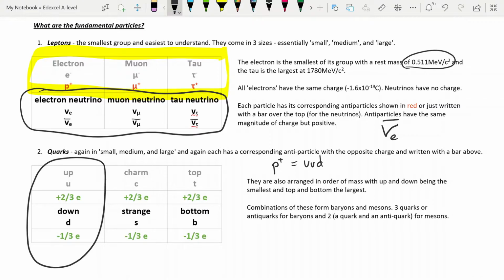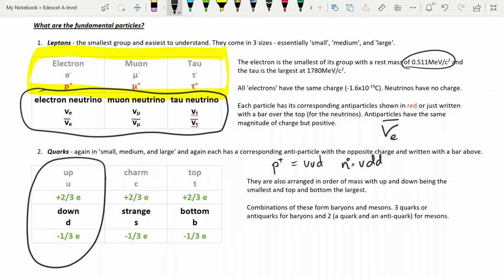And you can tell that by the charge. An up has a charge of plus 2/3, and the most important thing for you to remember is the charge on the up and down quarks. And the charm and strange and the top and bottom, because again, they go in families. I'll come back to that in a moment. A neutron, on the other hand, is up, down, down.